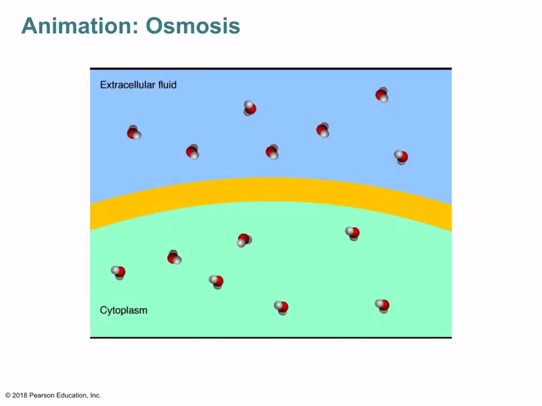The plasma membrane is permeable to water molecules, and the movement of water into and out of cells is critical to life. Diffusion of water molecules across a selectively permeable membrane is a special kind of passive transport called osmosis. Great.